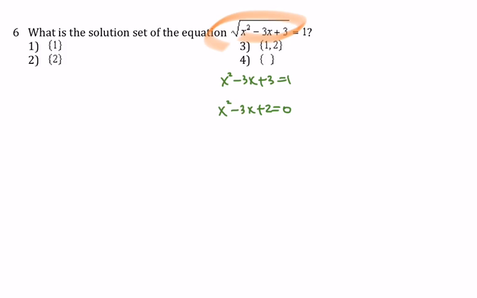Yeah, that's right. We can factor this one, looking for numbers that multiply to 2 and add to negative 3. What could that be? x minus 2 and x minus 1 equal to 0. And that tells us that x must be equal to 2 or 1, which is choice 3.